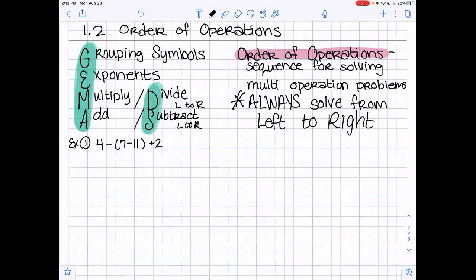You don't have to write down the letters, but you can if you want.